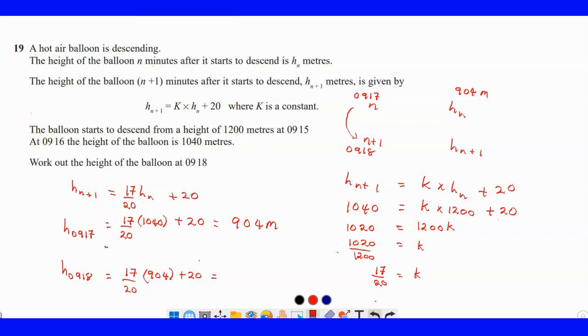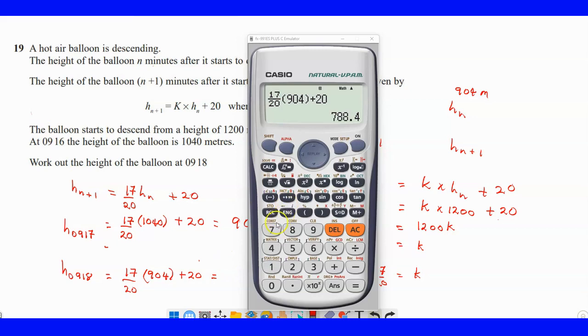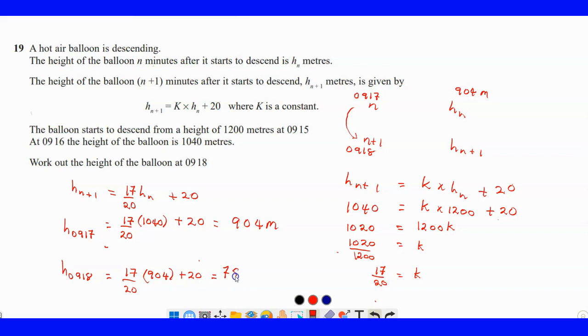Let's use our calculator to work out this value. At 9:18 we have a height of 788.4 meters. And that's the height we have at time 9:18. So here ends question 19.